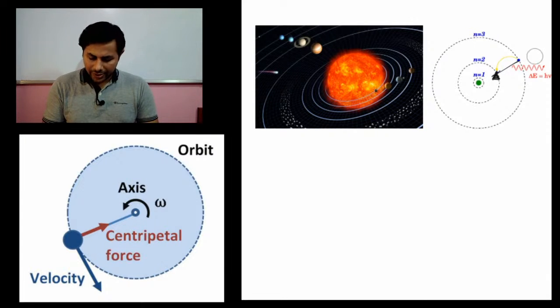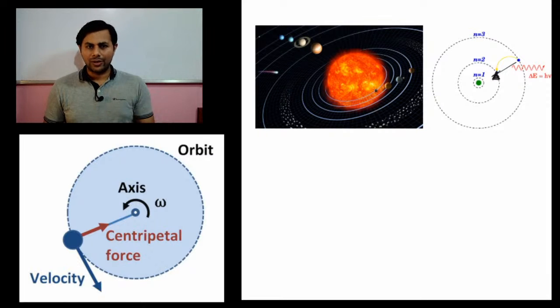So a force is needed to keep an object moving uniformly in a circle, and that force is known as the centripetal force.